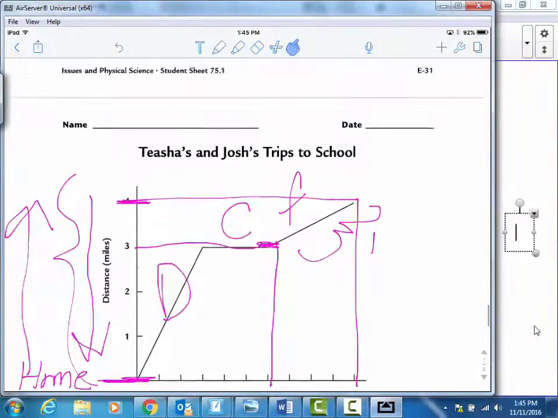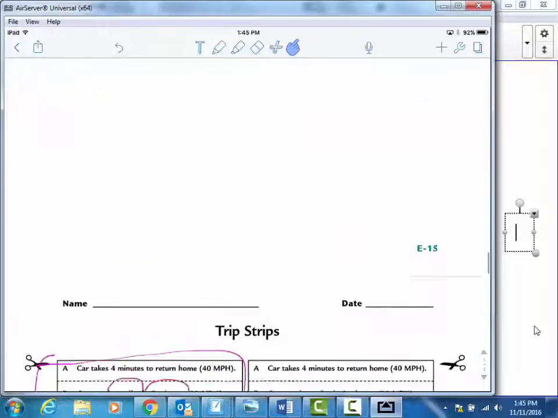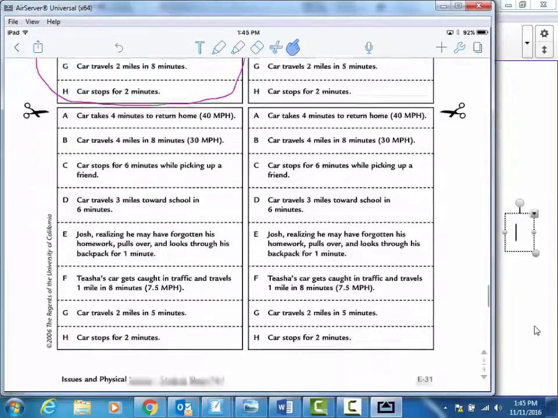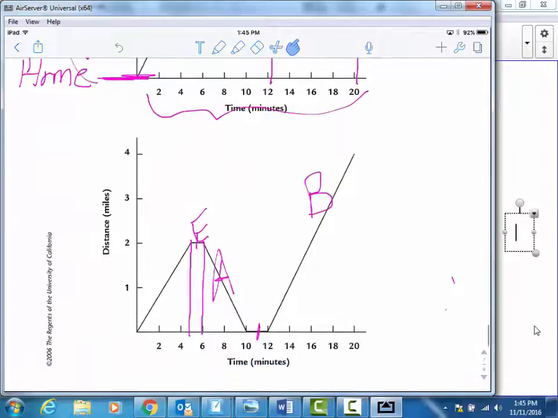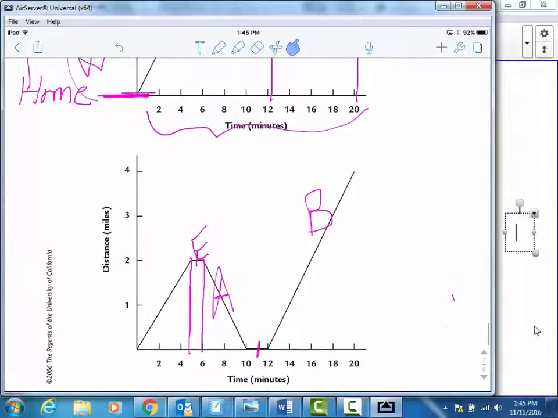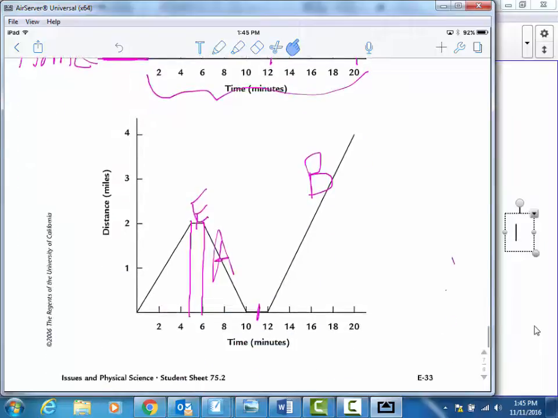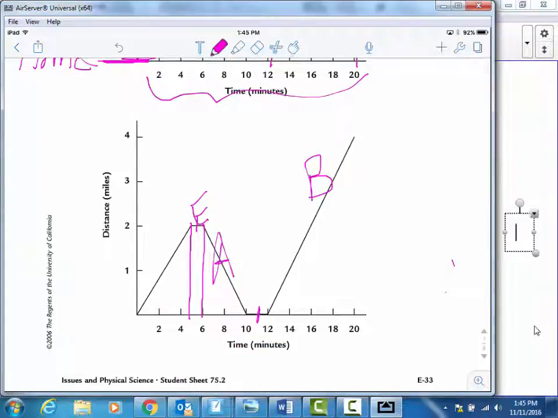Then the next one, Noah, is the car travels 2 miles in 5 minutes. So what am I looking for first? A line that shows what? That it went 2 miles. Okay, so we don't have too many lines left that are showing movement, do we? Because the only 2 lines we have left are this one and this one.